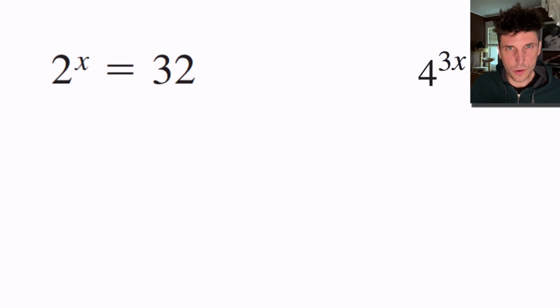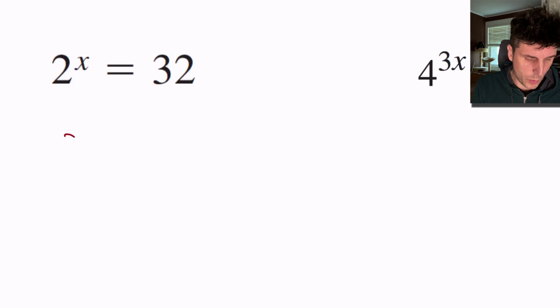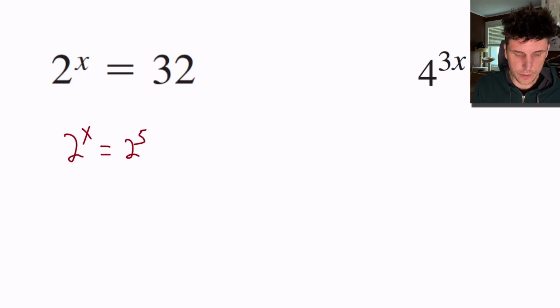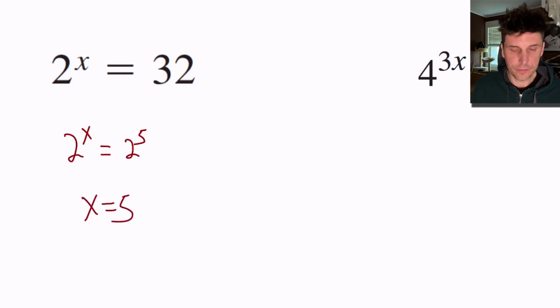A big giveaway that this will have a nice integer or rational answer is the fact that they're not asking you to use a calculator. 32 is 2 to the 5th power. So we can rewrite this equation as 2 to the x equals 2 to the 5th. Now we can use that one-to-one property. That means that x has to equal 5.